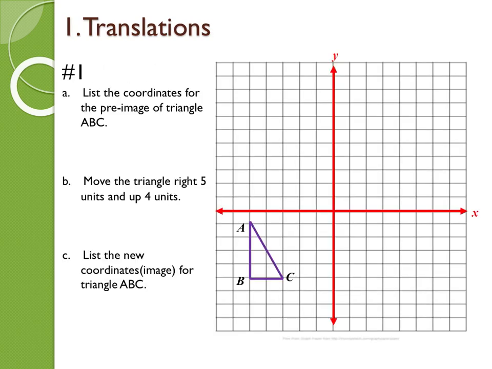Number 1, list the coordinates for the pre-image of triangle ABC. So from A, it's at -5, -1, B, -5, -5, and C, -3, -5.